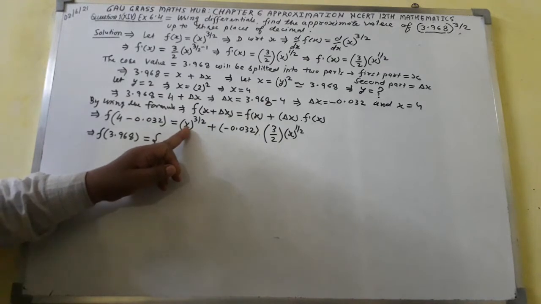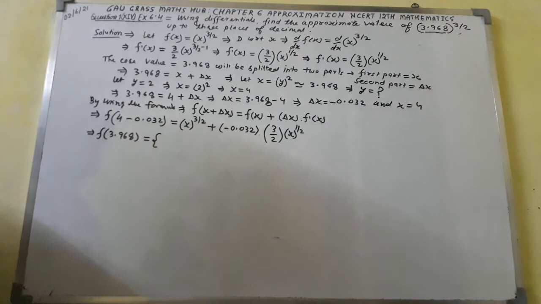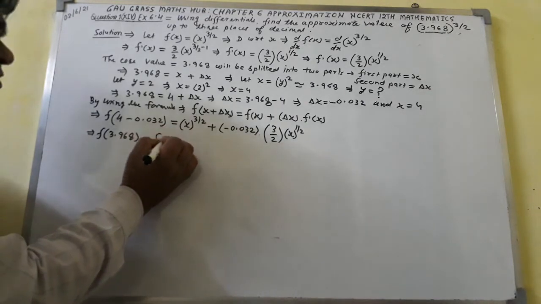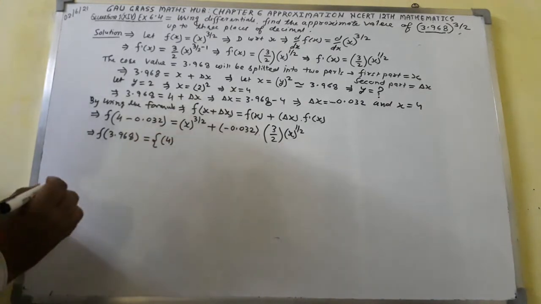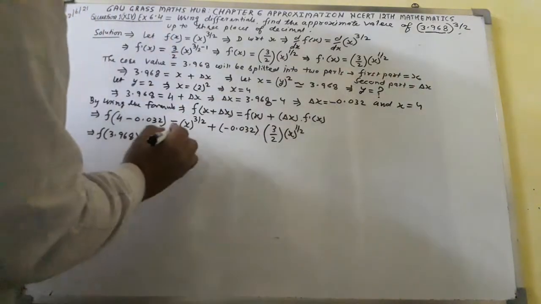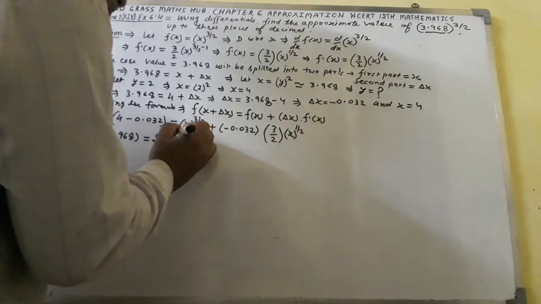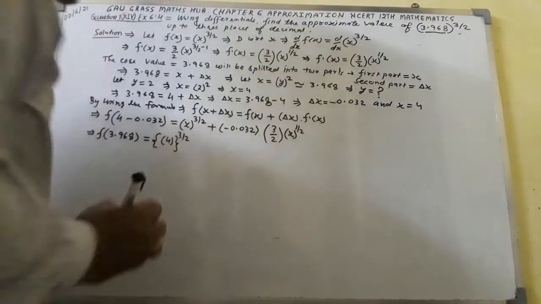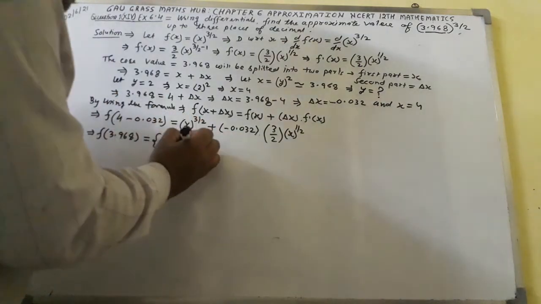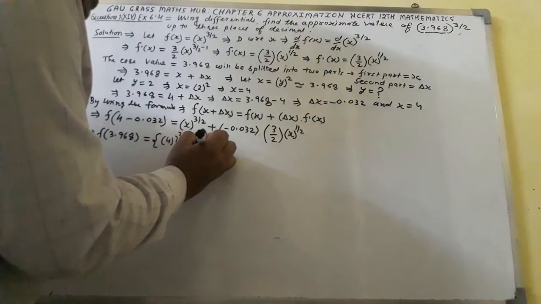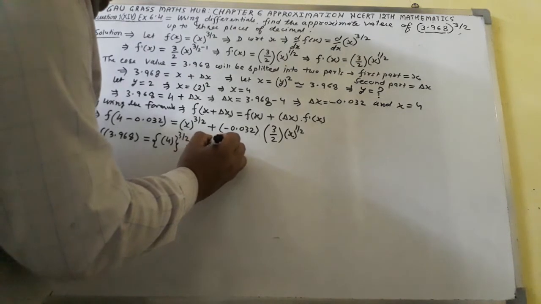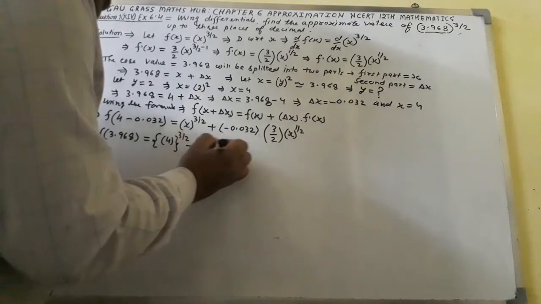The value of x I shall put here. 4. The value of x equal to 4 I shall write, raised to the power 3 over 2. Here do the operation, you will get here minus 0.032. Write here in bracket dot.